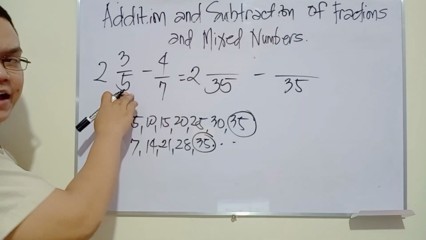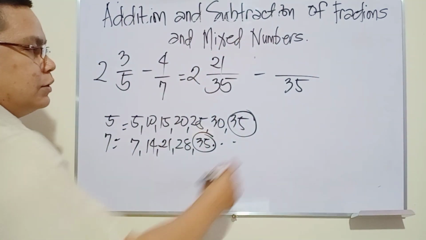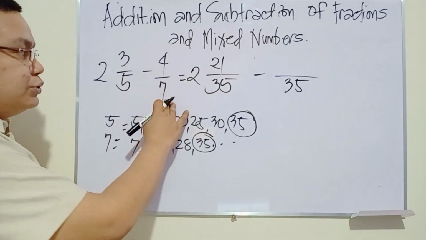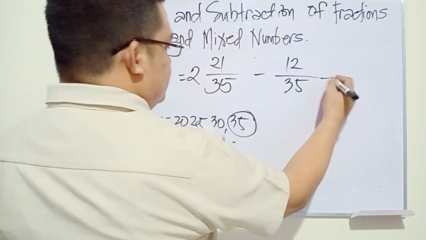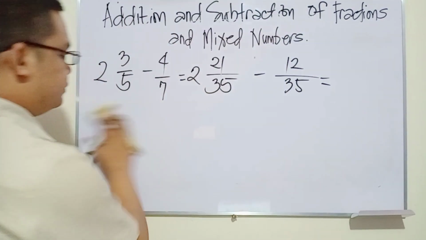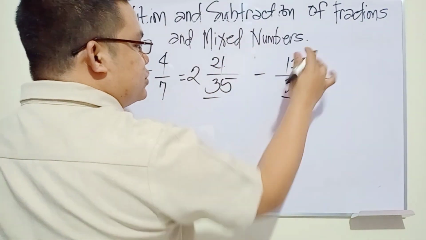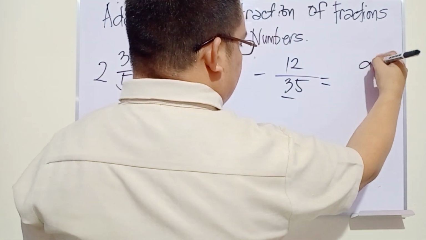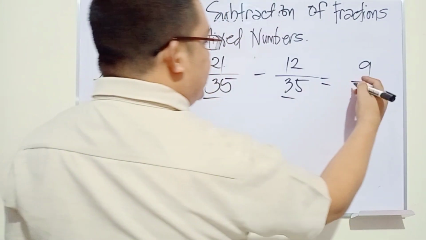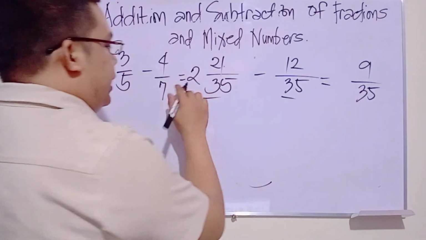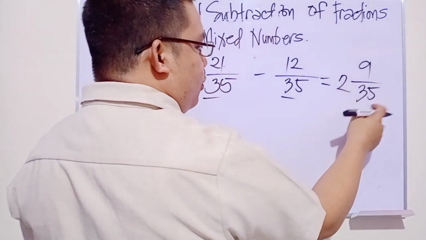So 35 divided by 5 is equal to 7 times 3, that is 21. 35 divided by 7 is equal to 5 times 4, that is 20. So since they are similar na, 21 minus 20 is equal to 1. Then copying the common denominator, which is 35. And the whole number, which is 2. So 2 and 1 over 35.